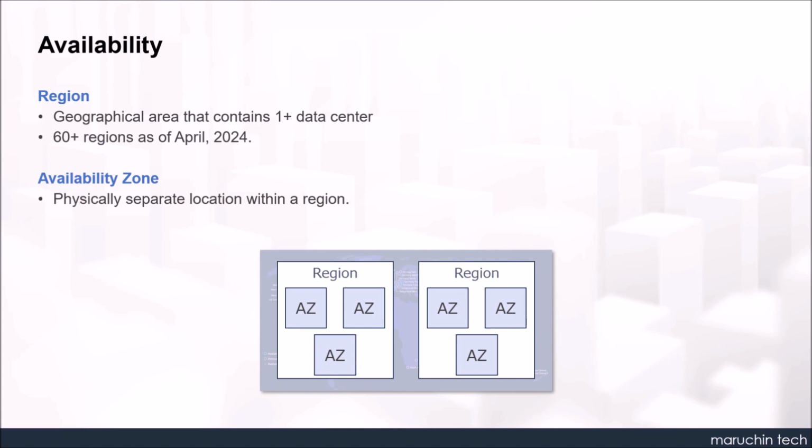For example, in the US, there are 9 regions, East, Central, and West. The data centers for the US are located in Virginia, Texas, California, Washington, and so on.